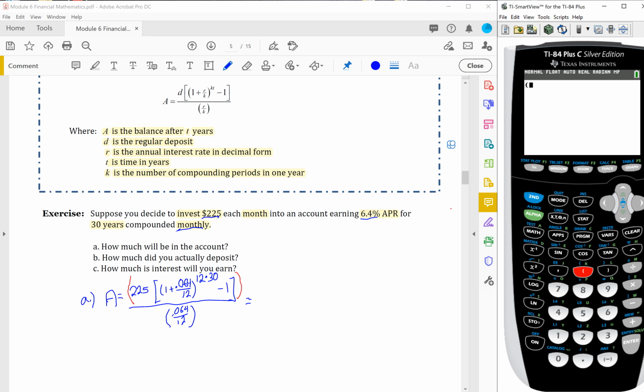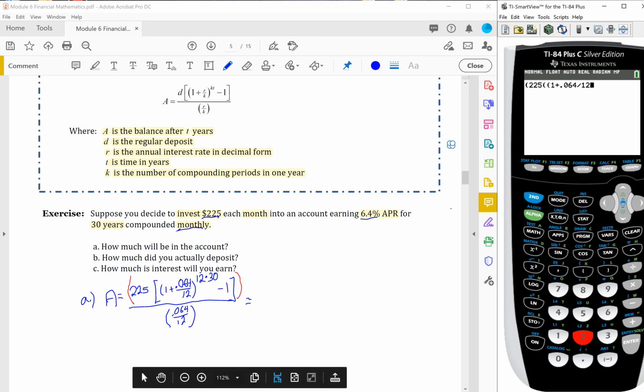This is going to be grouping symbol, numerator, 225 times, this parenthesis is for this bracket I wrote here. Then another parenthesis that represents this parenthesis in front of the 1. So this is going to be 1 plus 0.064 divided by 12.